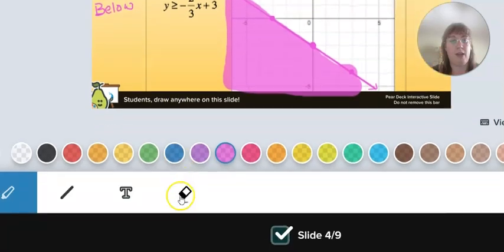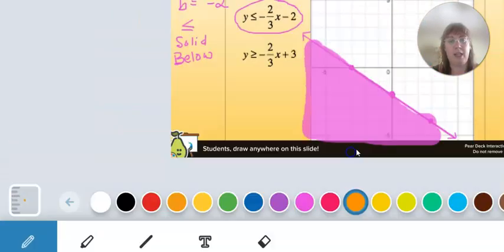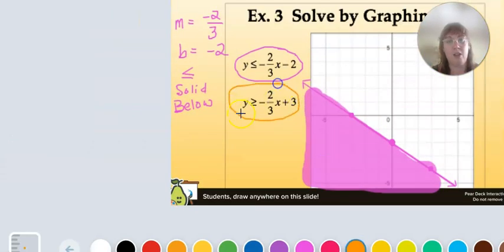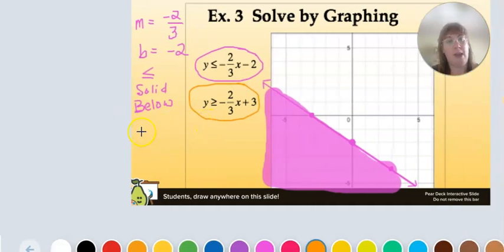Now I'm going to grab my second color. I'll do orange. And we have a slope of -2/3 and a y-intercept of 3. Here's my y-intercept.